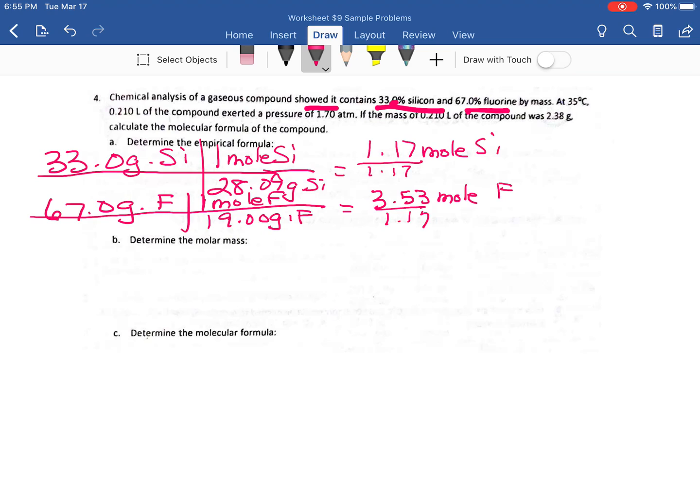If you remember about determining an empirical formula, you divide by the smallest number of moles. So I will divide both by 1.17. So I have 1 mole of silicon in my empirical formula, and I have 3 moles of fluorine in my empirical formula. So my empirical formula should be SiF3.